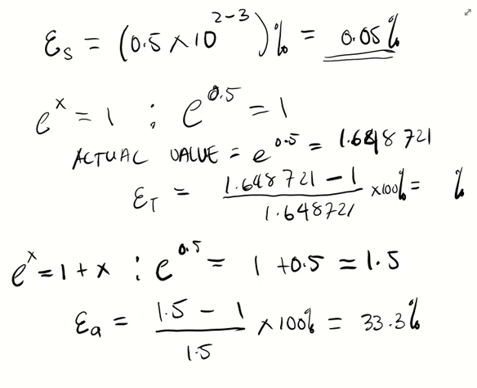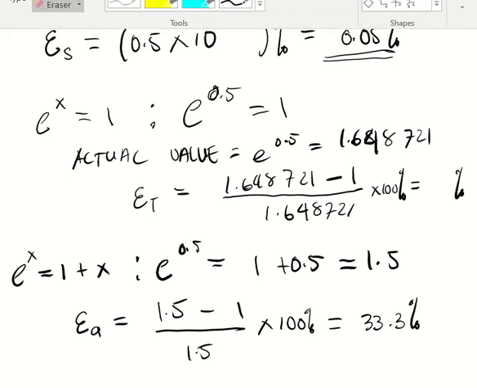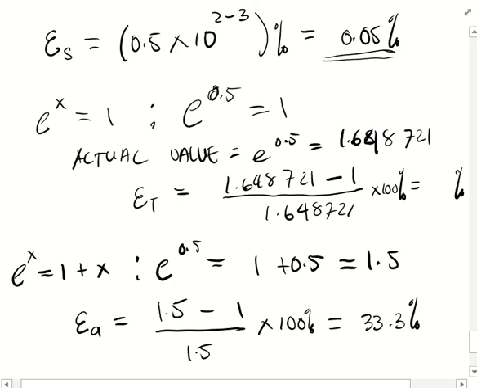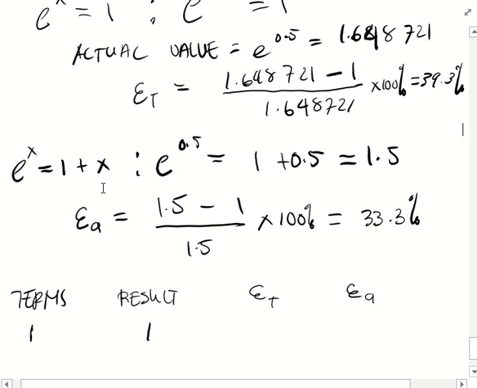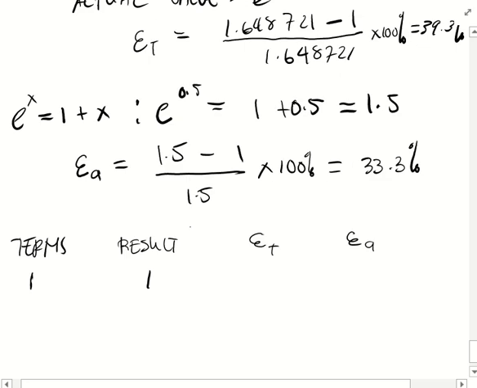It's 9.02 if it's 1.5. It's for the second term. So the value of the true error here will be 39.3%. So where is 9.02? 9.02 is during the second term. So here we have 39.3. So this is in percent. This is also in percent.